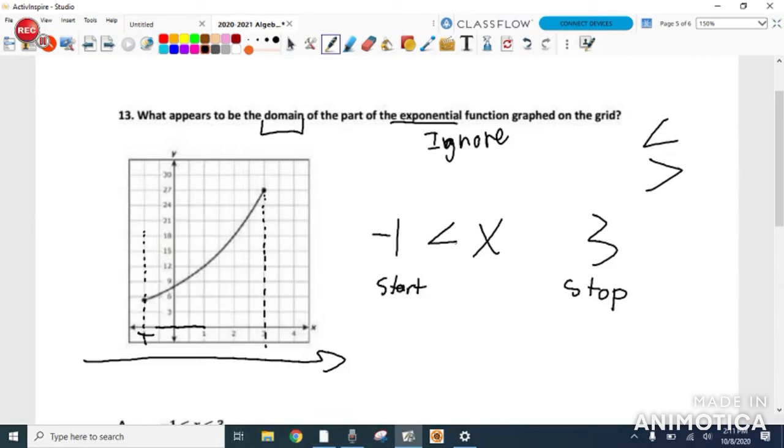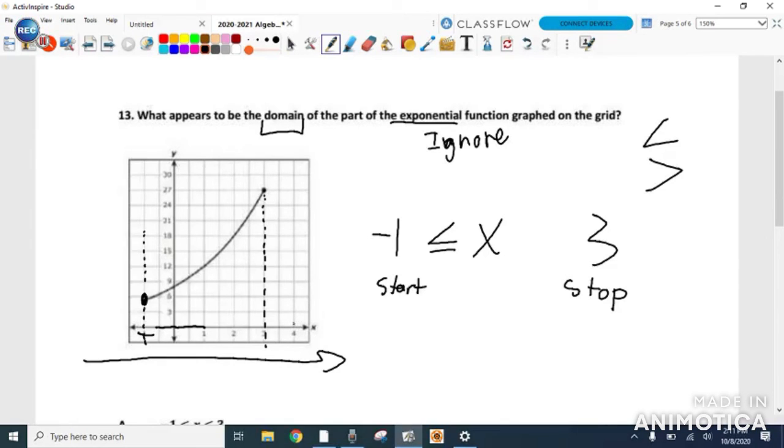Now, how do we know if we're going to use a line or no line? We have a closed point, which means we will have a line underneath it. Now, if I look at my stopping point, all my x values, when I look at 3, are smaller than 3. I don't have any number where the line is at a number bigger than 3.